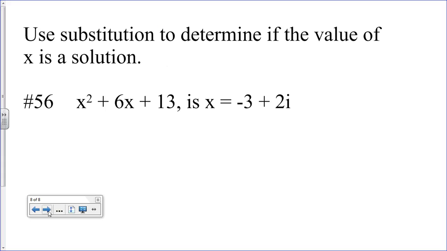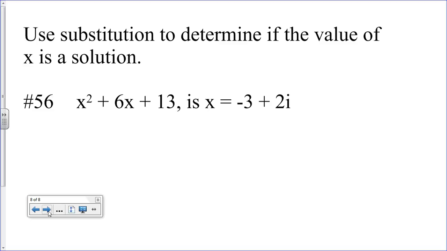All right, we're going to look at one more type of problem, and then we will do some practice on the whiteboards. So they give me a value of x, and I want to know if it's a solution.